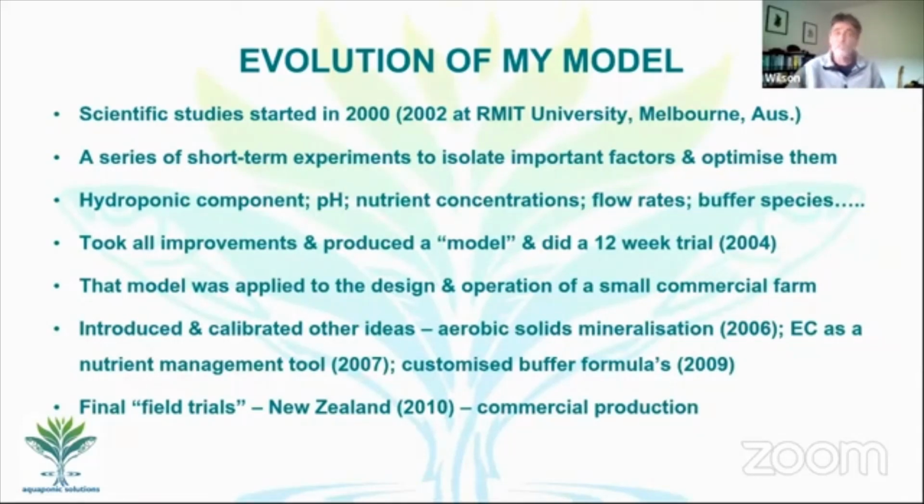You know, what happens when you have no nutrient in the water at the start? What happens when you've got 50 milligrams per litre of nitrate in the system at the start? And a spectrum between those two. The flow rates of water past the plant roots, buffer species that you use, and a whole lot of other stuff. And optimize them all individually.